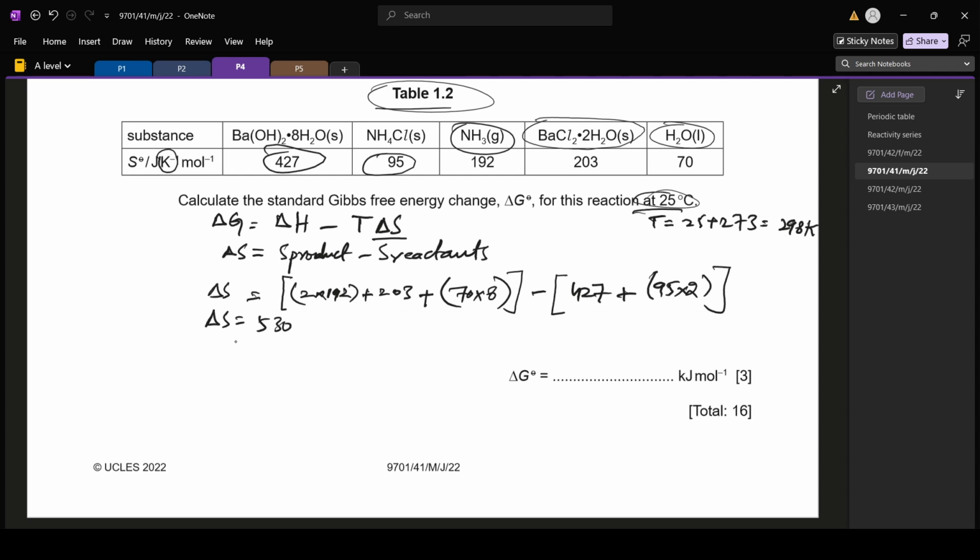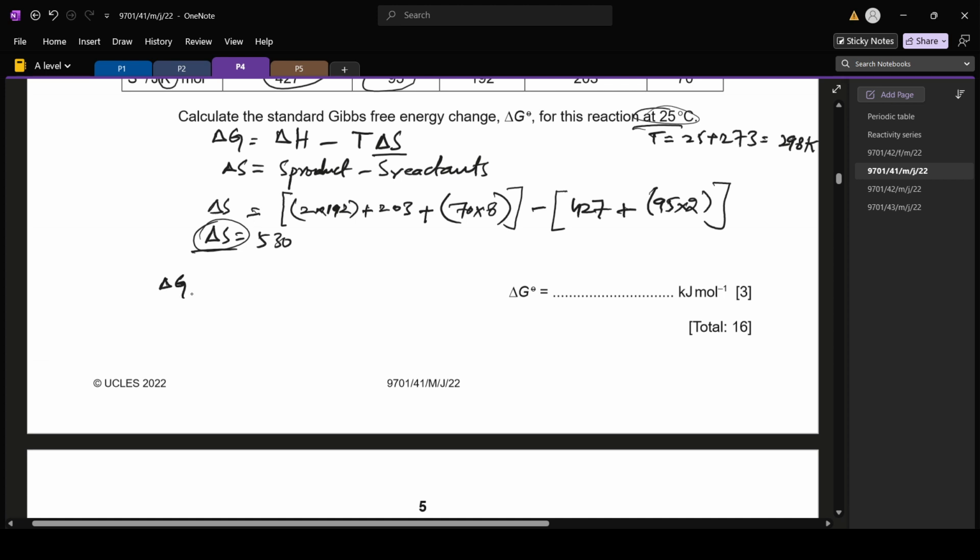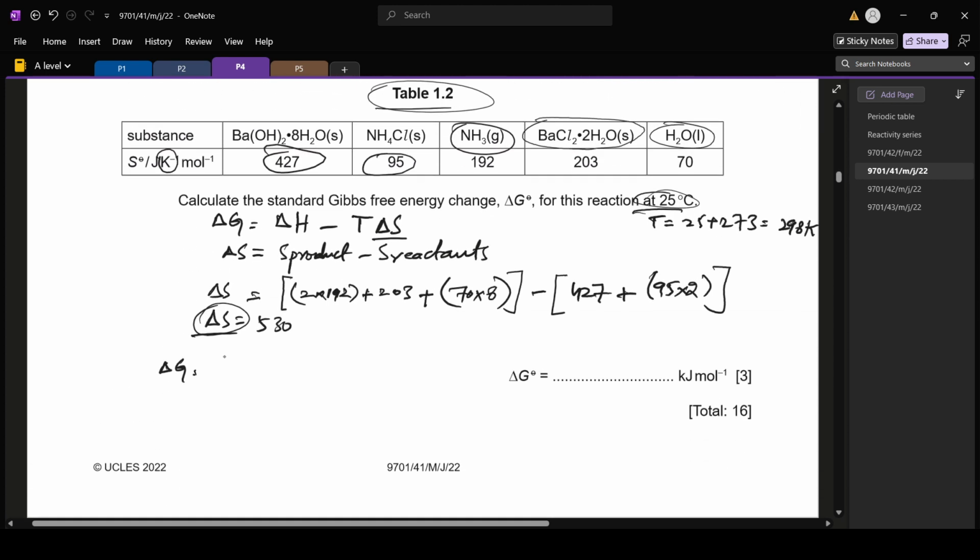Now you know the value of the entropy change and the value of the enthalpy change, and the temperature is also given. So the Gibbs free energy is going to be 133 minus 298 multiplied by 530 divided by 1000, because this is in joules per Kelvin per mole, so you have to convert it into kilojoules.